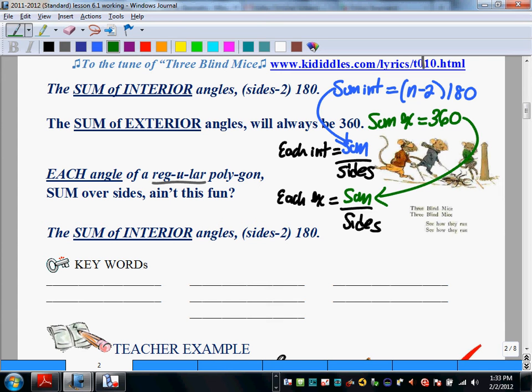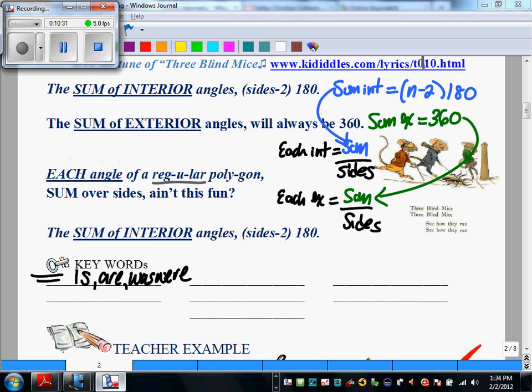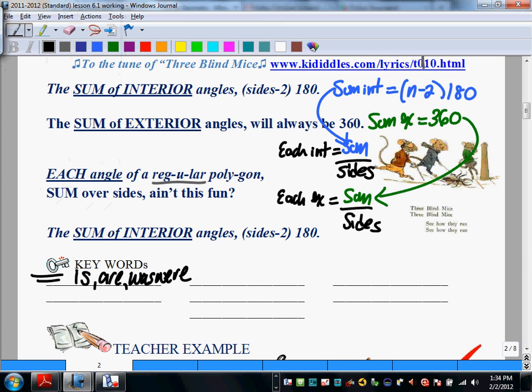All right, guys. So let me show you how this works. Now the buzzwords. I gave you 7 key buzzwords last night. Let's see if we can get them all together without me telling you. Let's start with the basic: is, are, was, were. They're all equal signs. Good.